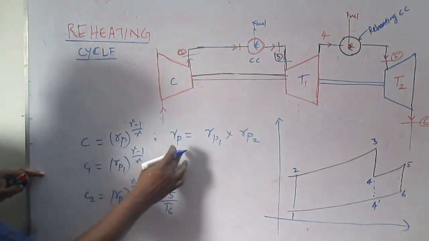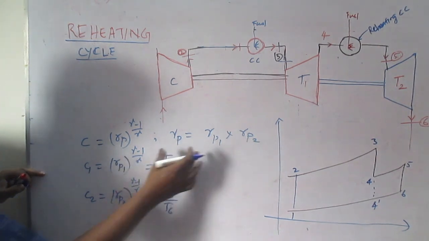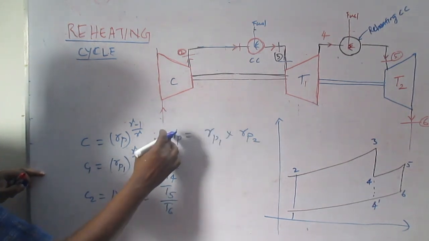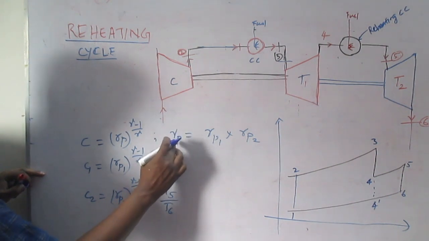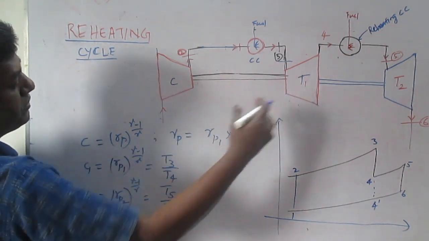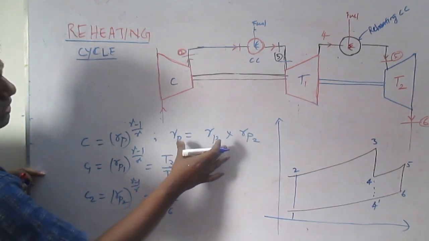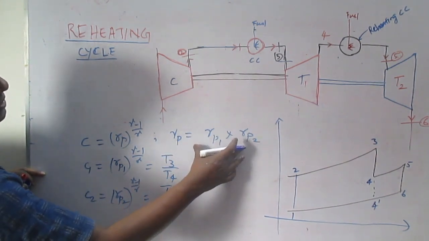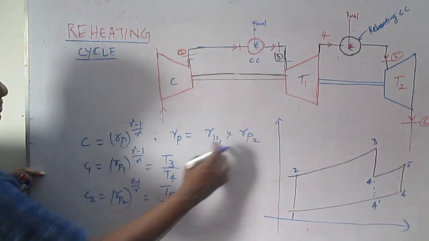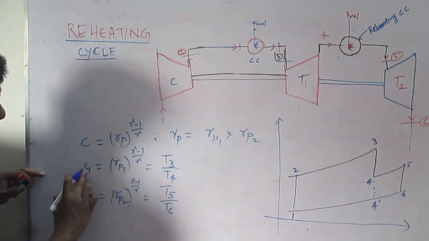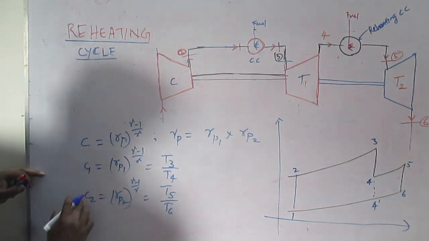Based on this combination, reheating works in such a way that the turbine is split into two stages. So we write the condition rp equal to rp1 into rp2, and based on this we write C1 and C2.